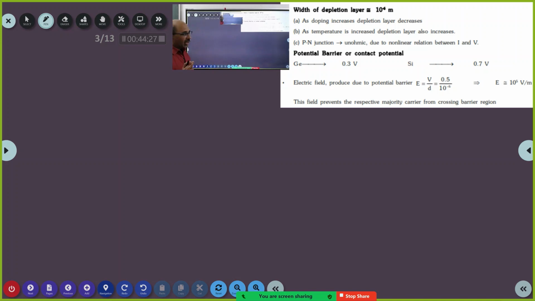Unohmic means what? Before, whatever potential is applied across the junction, unless it crosses the potential barrier, no current can flow through it. I have not yet biased it.